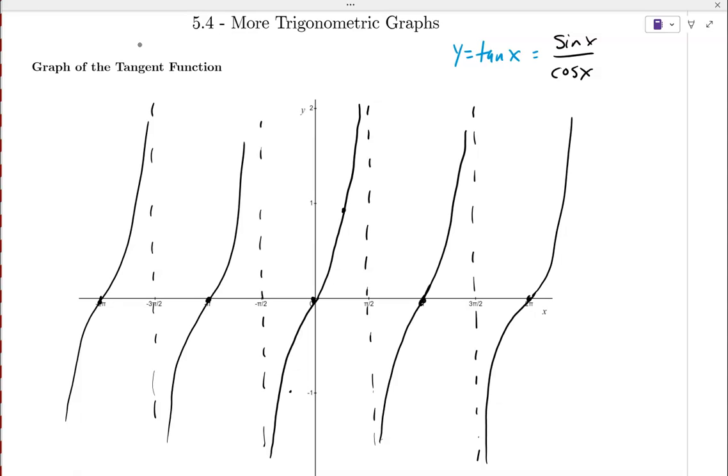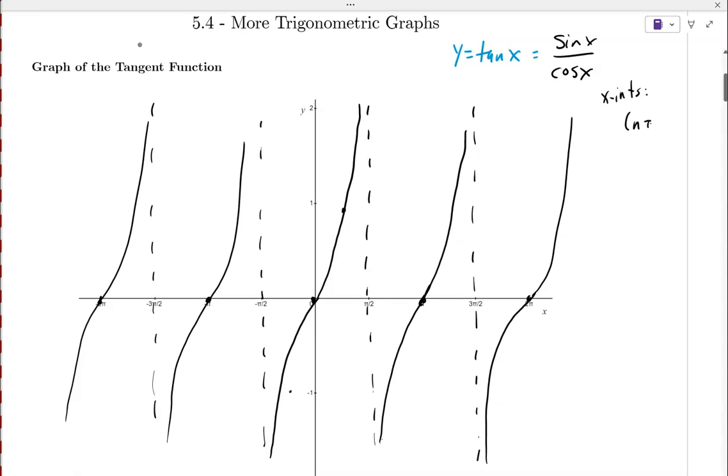Things we notice. By the way, with these 4 functions that we're going to do today, we don't worry about amplitude, because remember, amplitude was half of low point to high point. Is there a lowest point, highest point for tangent here? No, so we don't worry about amplitude for this. But things we will worry about: x-intercepts.